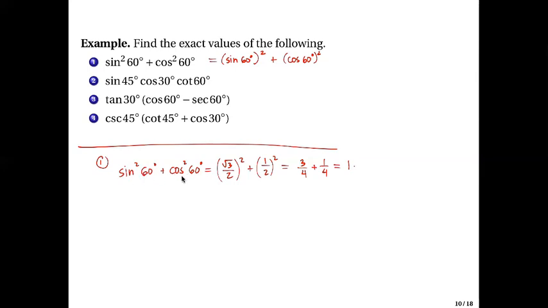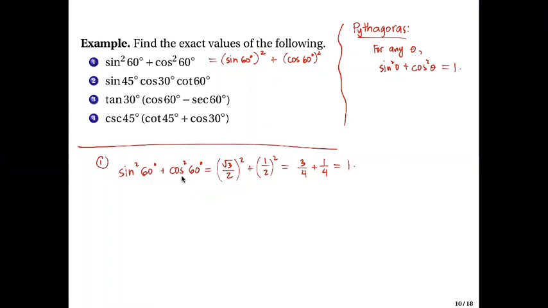Now, another way to solve it is through the Pythagorean Theorem. For any theta, sine squared theta plus cosine squared theta is equal to 1.